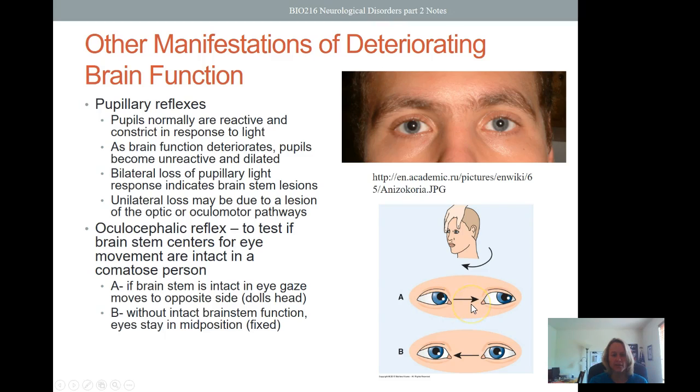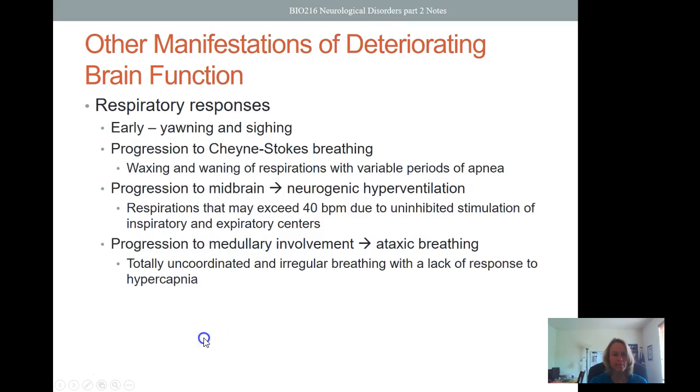If the brainstem function is not intact, the pupils stay fixed in mid position. Oh, and this figure shows an eye that's dilated and fixed, not responsive to light, whereas this eye is.